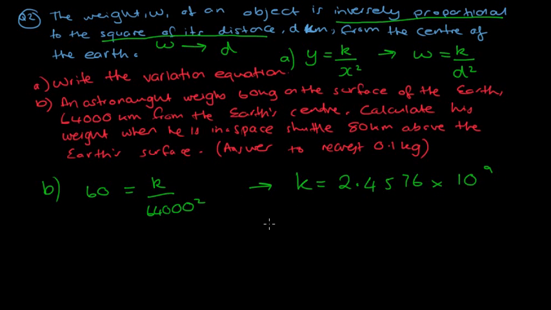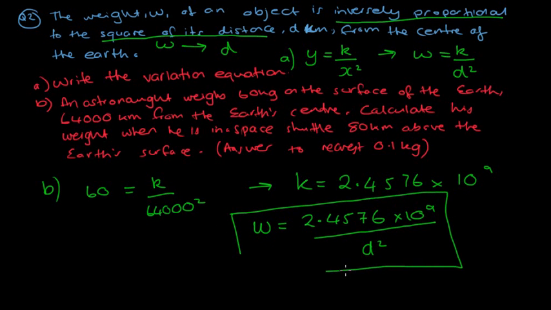What I'm going to do also, straight under that, is rewrite the variation equation from part A, but with that value in: W equals 2.4576 times 10 to the power of 9, all over d squared. So that's our more advanced variation equation, because I've got the k value in there.